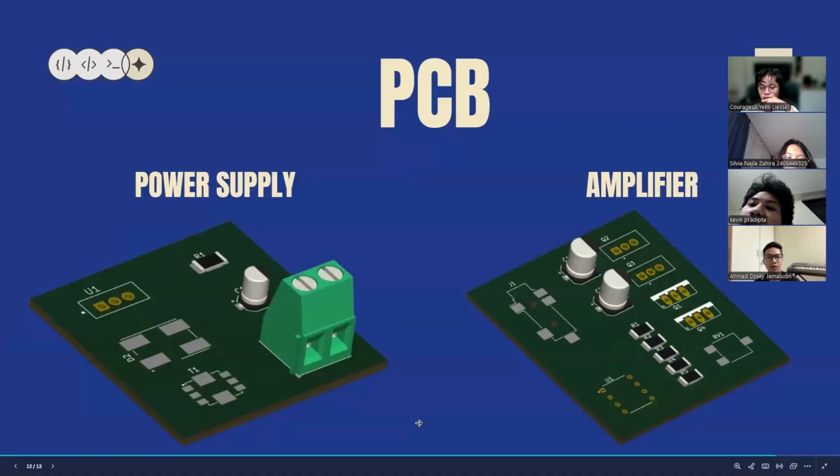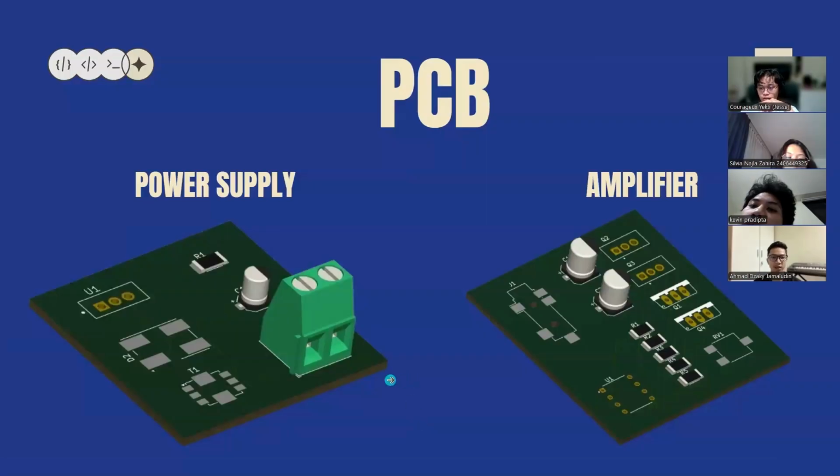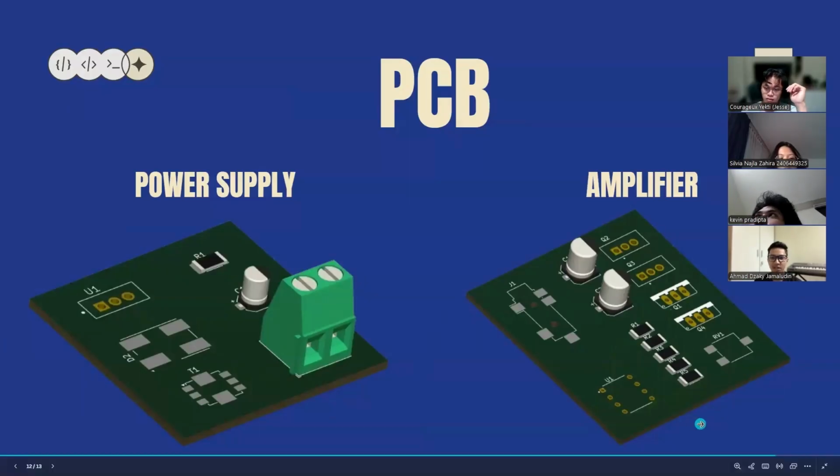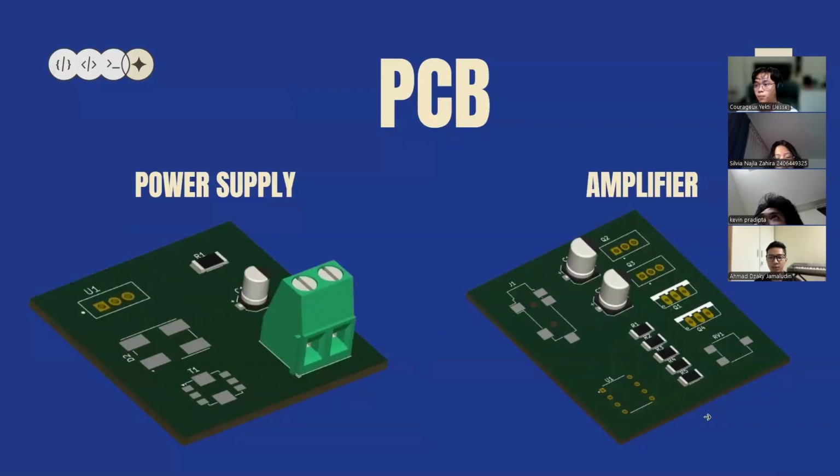For the power supply, there is a terminal block, the green one here, the capacitor, the resistor, rectifier, voltage regulator, and on the right side there's an amplifier PCB. There is a capacitor, the audio jack, and the amplifier circuit, so the tip 31 to tip 32. So this is overall our PCB.